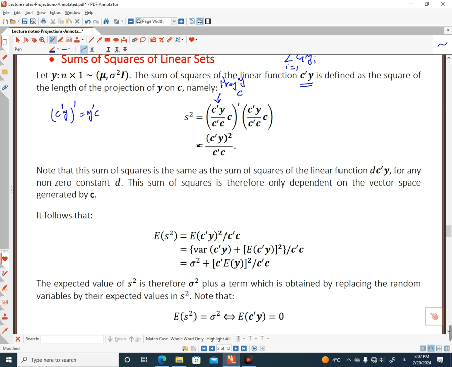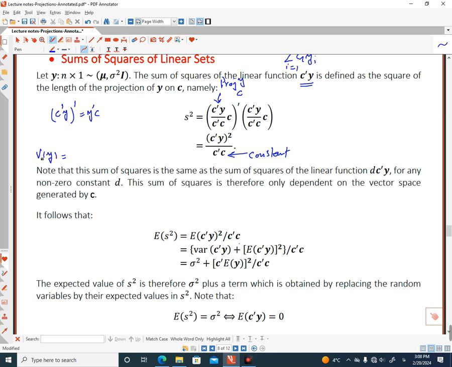Then it follows, if I define this as the sum of squares of the linear function and I take the expected value, then simply the denominator is constant. So it comes out of the expected value, and you have the expected value of c prime y to the power 2.